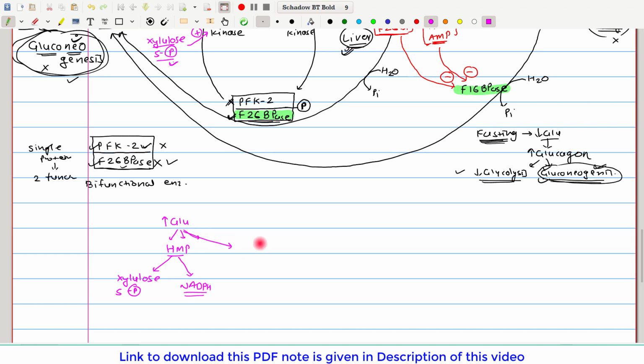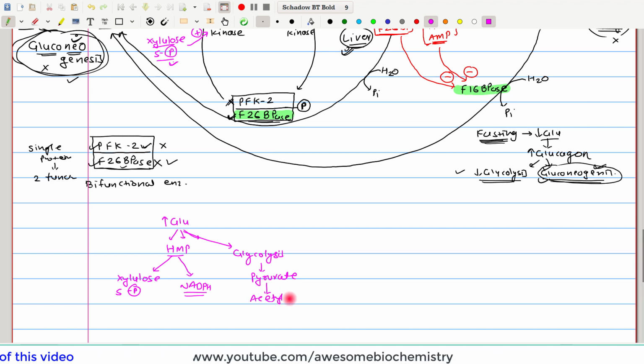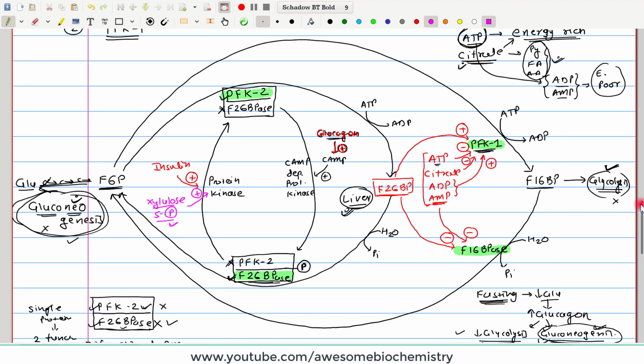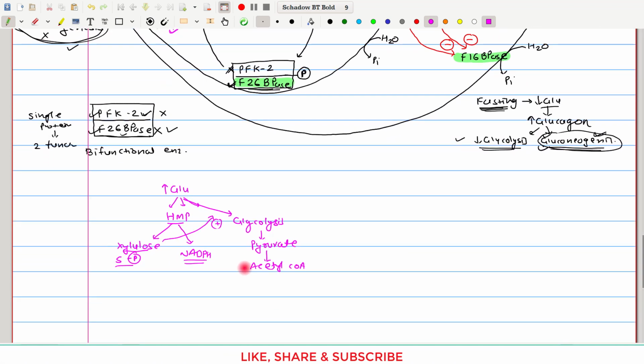This increased glucose can also undergo glycolysis, and by glycolysis it can generate pyruvate. This pyruvate can generate more and more acetyl coenzyme A. And this xylulose 5-phosphate is also stimulating glycolysis, as we had just seen, right? More xylulose 5-phosphate means more phosphofructokinase 2 activity, more fructose 2,6 bisphosphate, more action of phosphofructokinase 1, and so more glycolysis. So it produces more and more acetyl CoA.